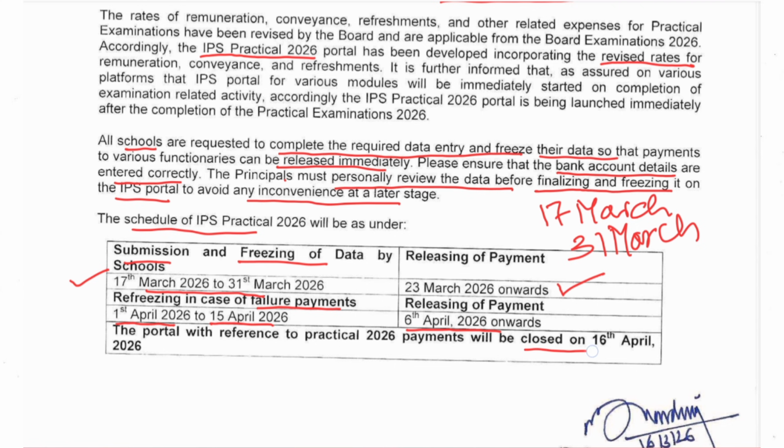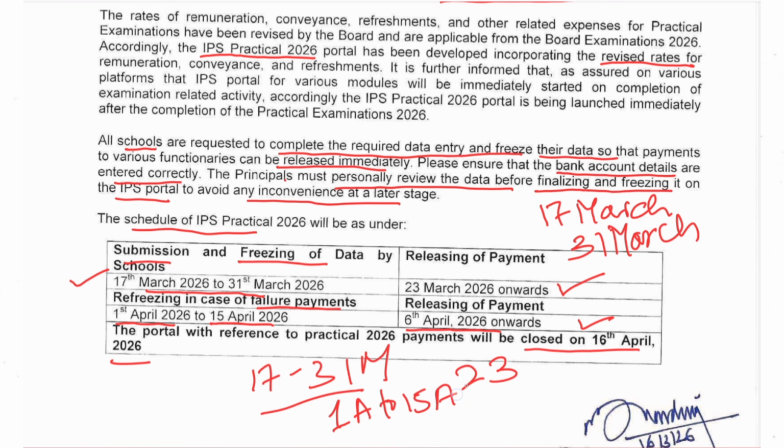Remember, 16th April is the last day for the practical portal, and after that, no more will be allowed. So CBSE is already giving two chances. First chance from 17 to 31st March to enter, and payment will start from 23rd March. Second chance from 1st April to 15th April, and they will start payment from 6th April onward.